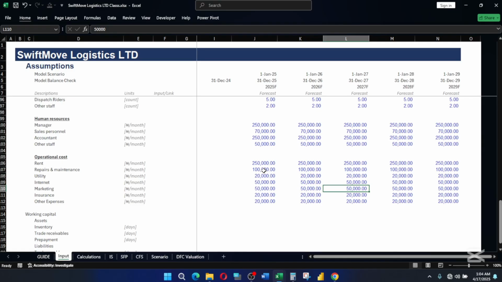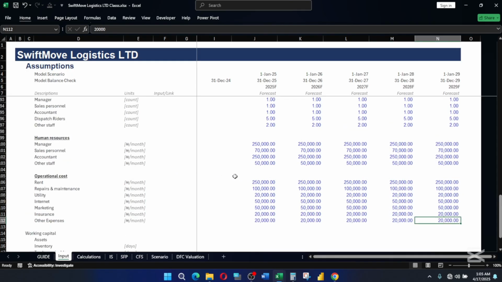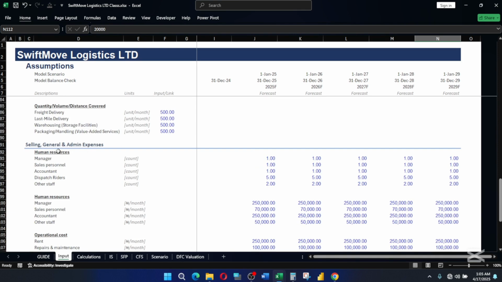So as we grow our business, our marketing cost also reduces, right? So we have the insurance, which we have seen. Then we have other expenses, right? So this is our other expenses.